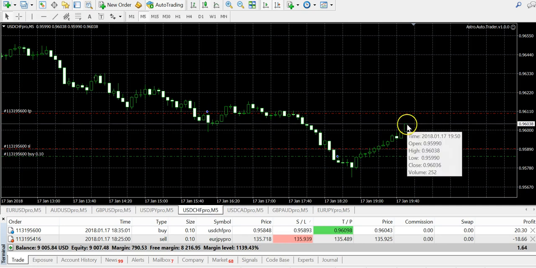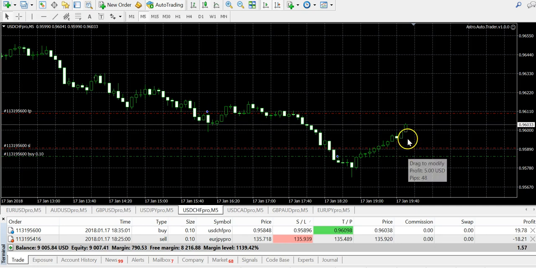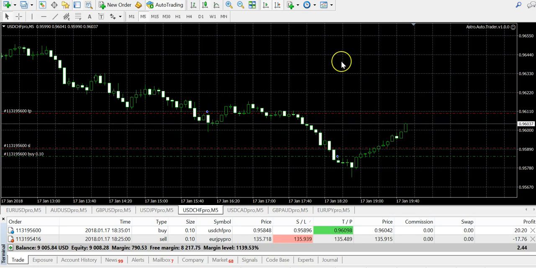You see now where the trade is, and you see the trailing stop went here. So if this trade goes wrongly in the down direction, it will close here, and still we will have some money.